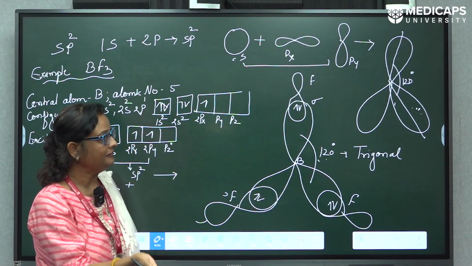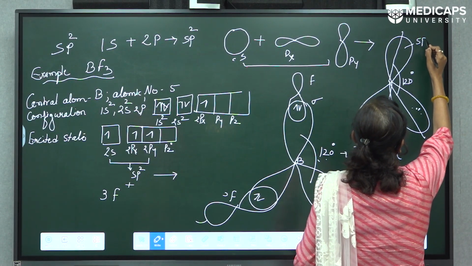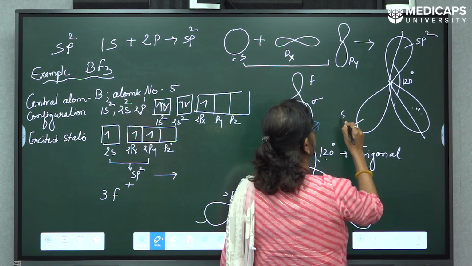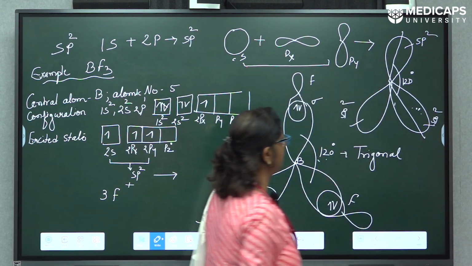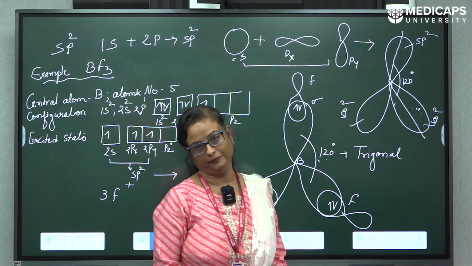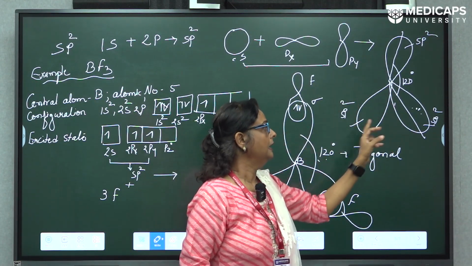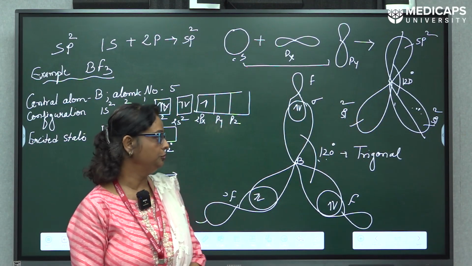The resultant 3 sp2 orbitals we will get after the intermixing. The shape will be trigonal and the bond angle will be 120. So this is the hybridization due to the 1s and 2p.